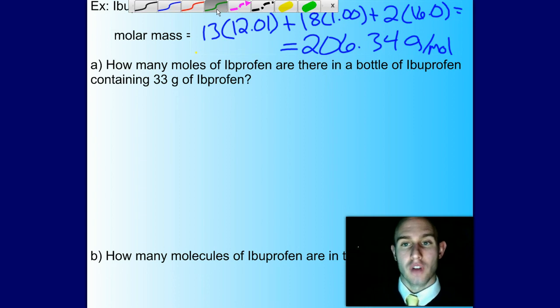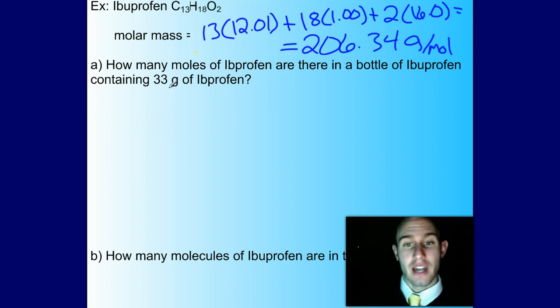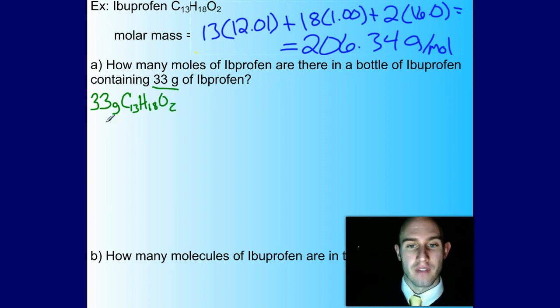Now, moving on to how many moles and trying to answer our question, let's start any conversion. You always start with what you're given over 1. So I'm going to start my mole conversion as 33 grams of ibuprofen. I'm actually going to write out C13H18O2 over 1.